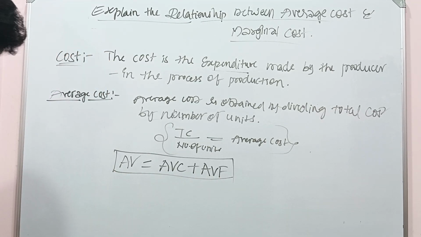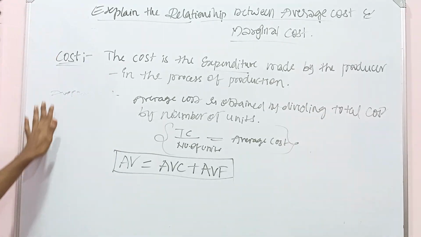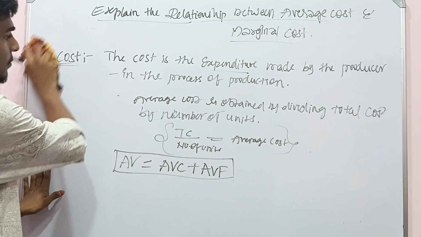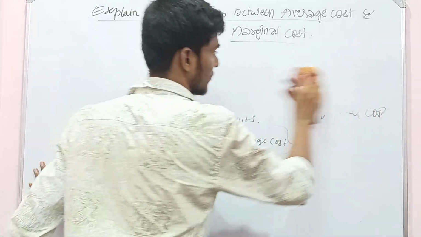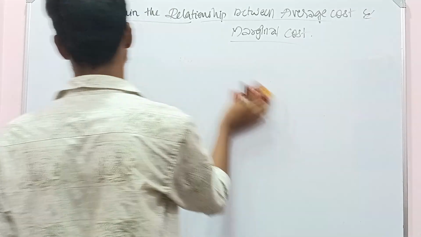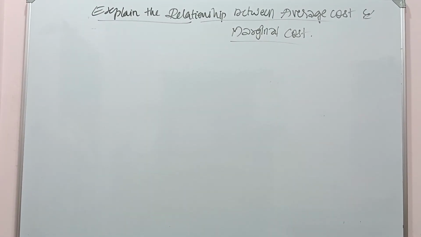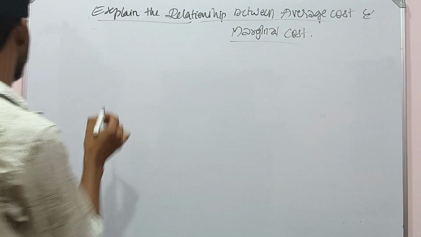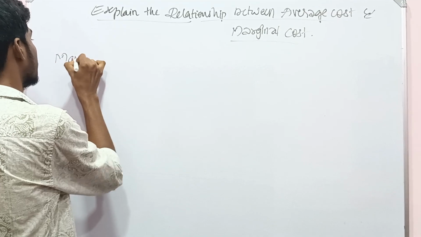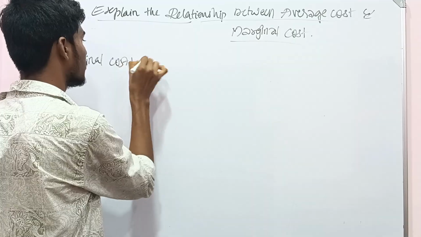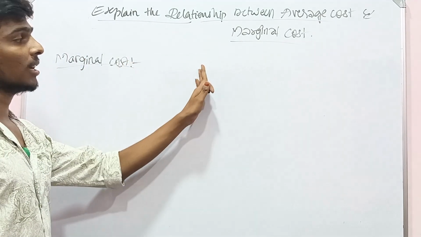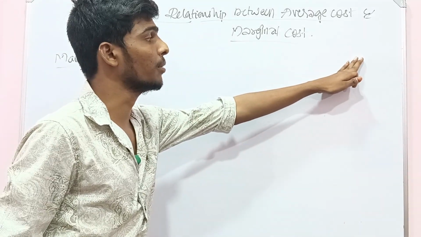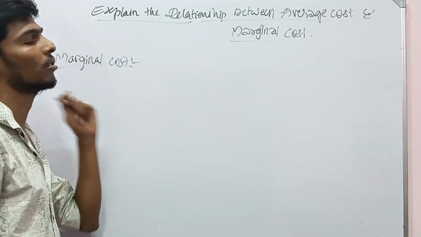Now let's see the marginal cost. Marginal cost is the additional cost used to produce one more unit of commodity, is called as marginal cost.